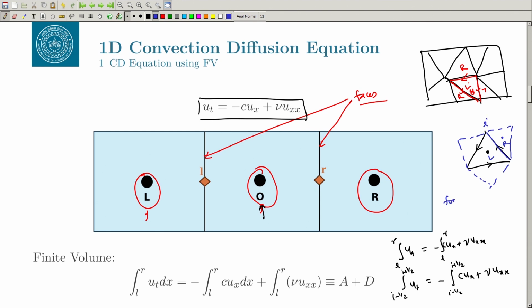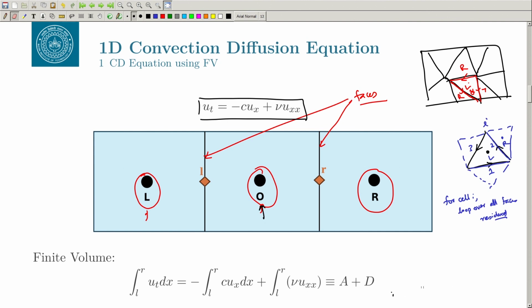So, for cell I, okay, loop over all faces, okay, basically face 1, face 2, face 3. Okay. So, loop over all faces and calculate the integrals and then sum that up and finally calculate the final residual, okay, which is the summation of the residuals over all the 3 faces, right. The other approach that we use in finite volume is basically looping over faces.